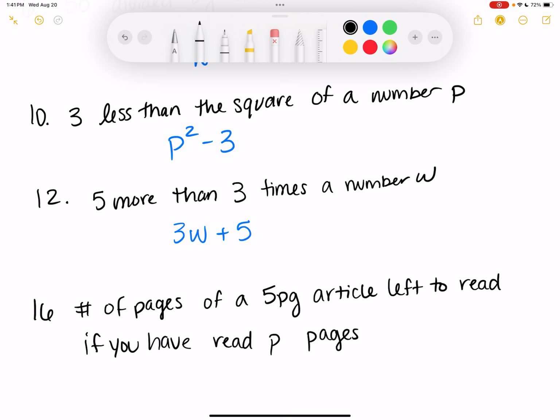Any idea how I would have to write this one? 5 minus p. 5 minus p, yep.